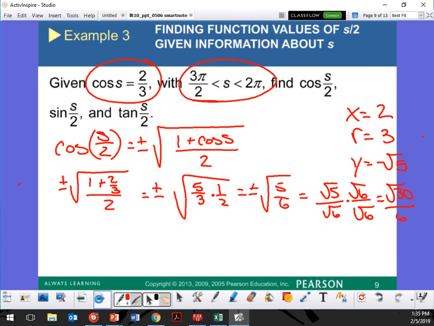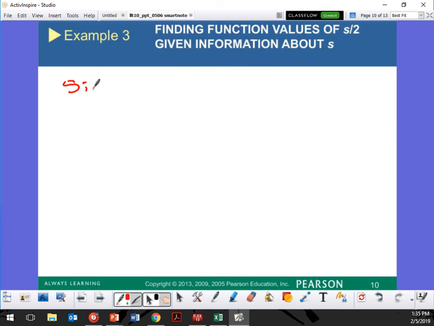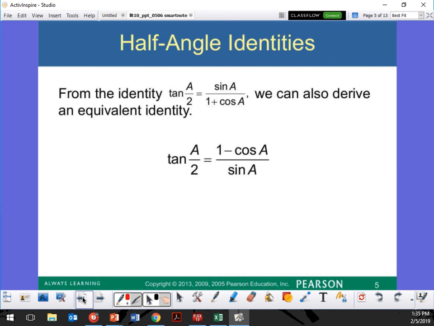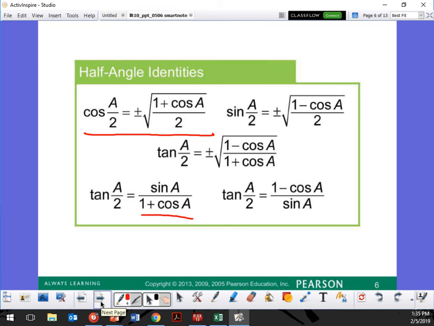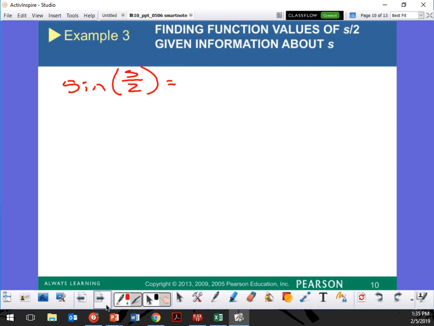Next one's going to be sine. So sine of s over 2 is equal to plus or minus square root of 1 minus cosine of a over 2. Now, I have the cosine again, so what am I going to plug in for cosine s? 2 over 3, right?